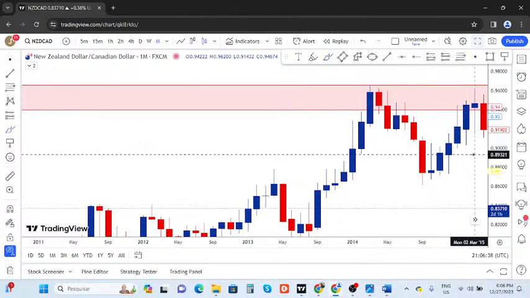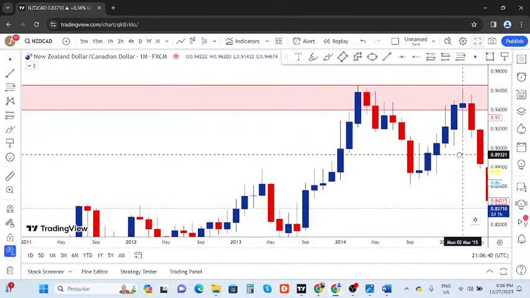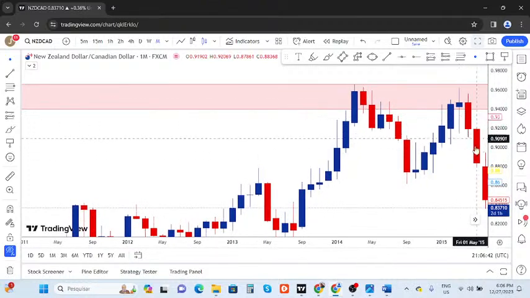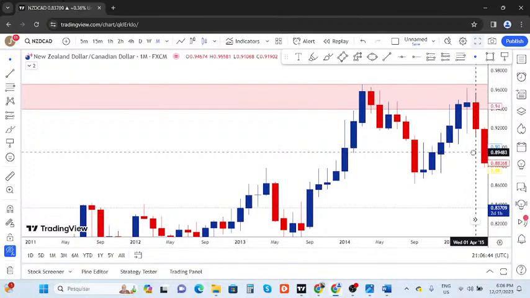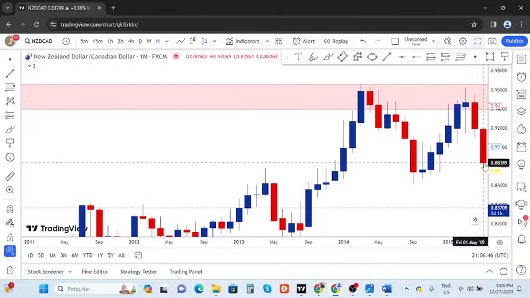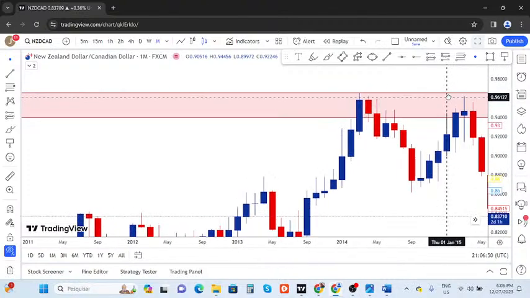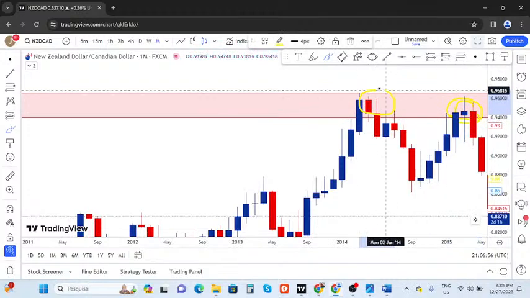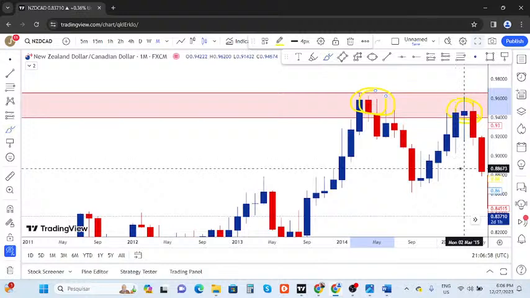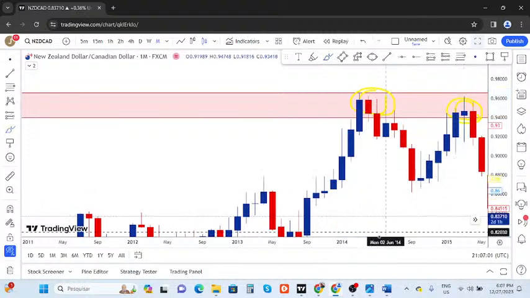Because we need two candles by the left and two by the right. Let's say this is what we have. Once this candle closes down here like this, now we have a confirmed double top. And we're just going to be looking for sell opportunities.